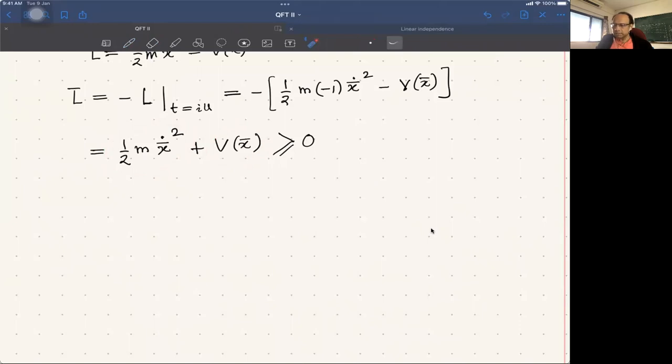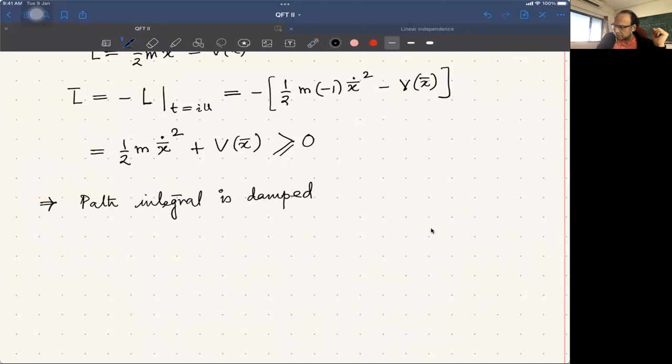For any other functional form, this will be larger than that, and therefore the path integral will be damped away from its extremum.